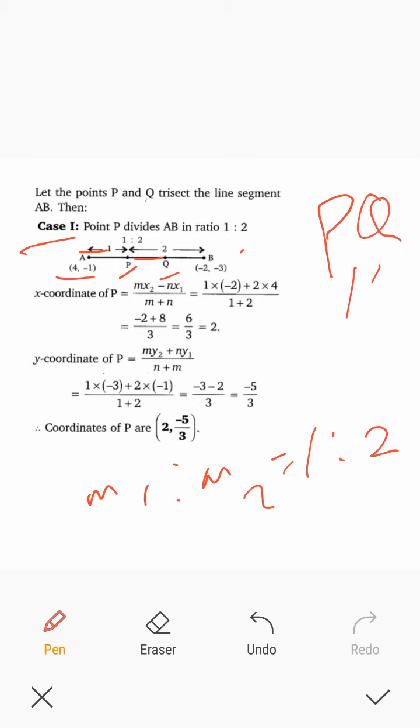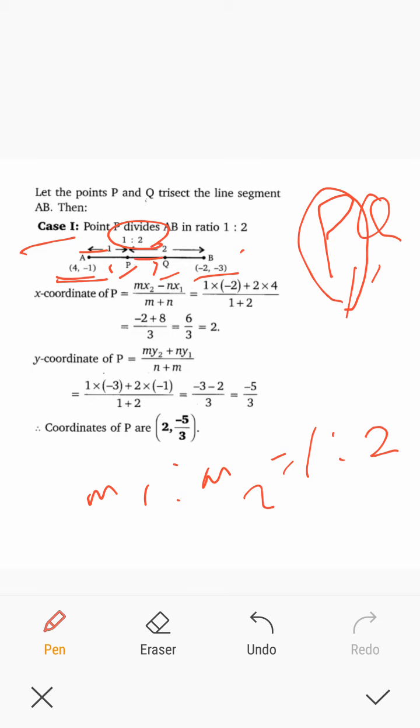Now for finding the coordinates of P, we should remember only about P and forget about Q. A is (4, -1), B is (-2, -3), and m1 is to m2 is 1 is to 2. So the x coordinate of P is (m1 x2 plus m2 x1) by (m1 plus m2). Instead of m1 and m2, m and n are mentioned here.